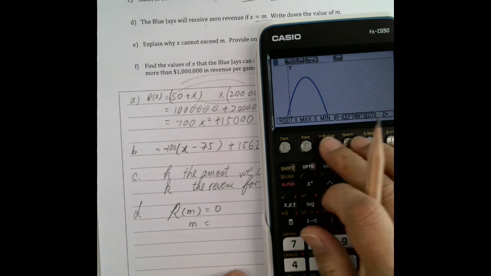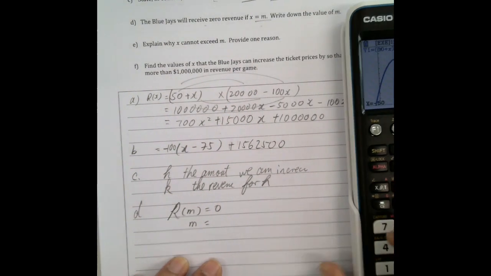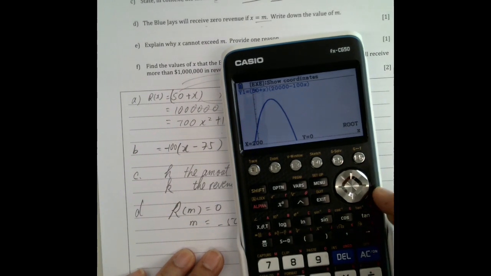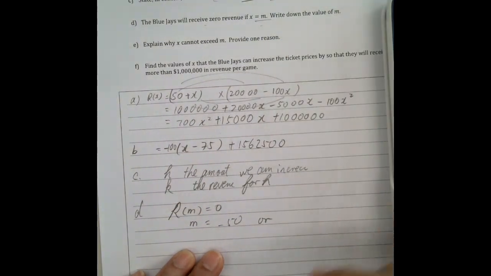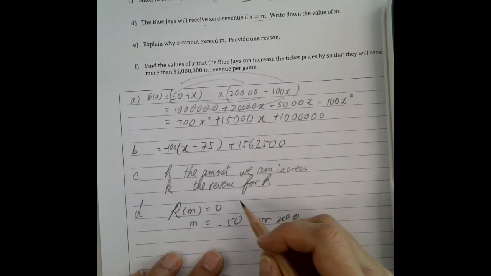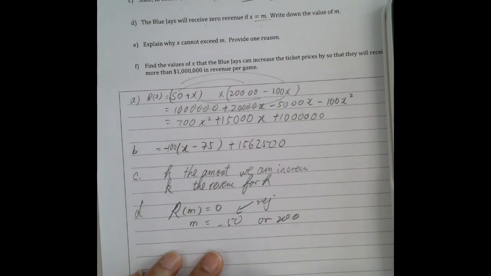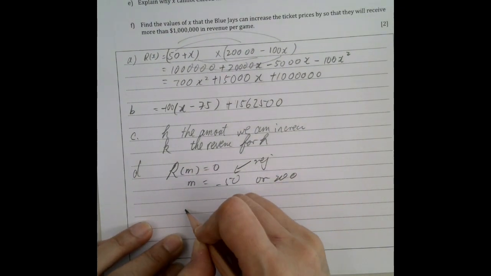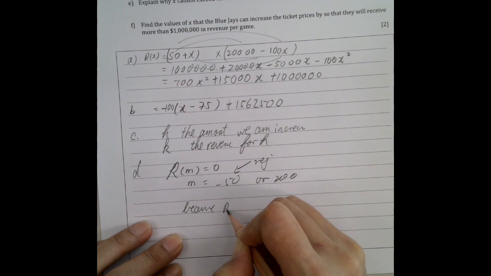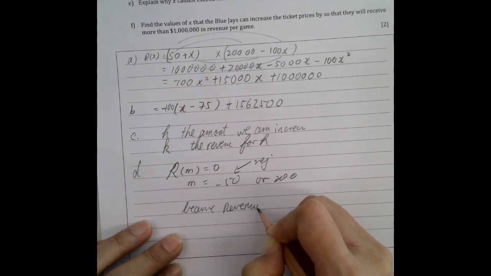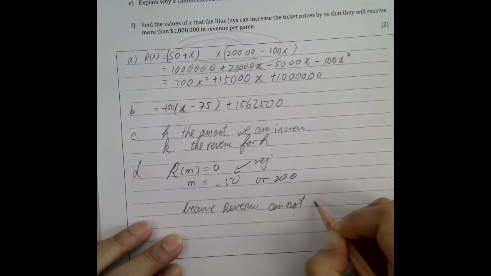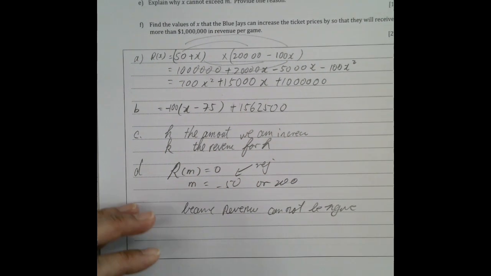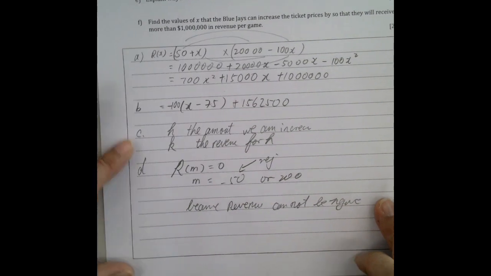We have the G-Solve root this time because we're at 0. m equals negative 50, or the other side is 200. So negative 50 and 200. We need to reject the negative because revenue cannot be negative. And this is E.